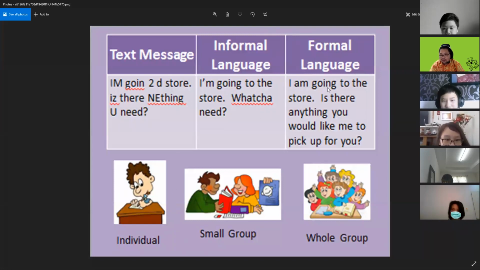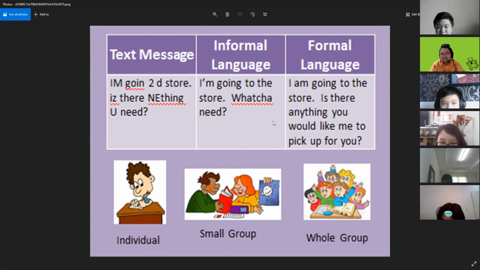Formal language: I'm going to the store. Is there anything you would like me to pick up for you? Okay. Now, here in informal, we shorten everything, yeah? I am going to becomes I'm going to. What you need? What you need is the shortened form of what? Quincy, what do you think? What do you need? Very good.